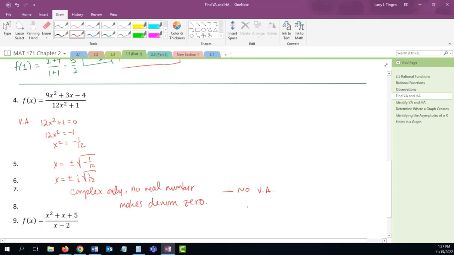How about holes? Well, if there's a hole, then there must be some number that makes both the numerator and denominator 0. There's no real number that does it, so there's no vertical asymptote, and there are no holes.